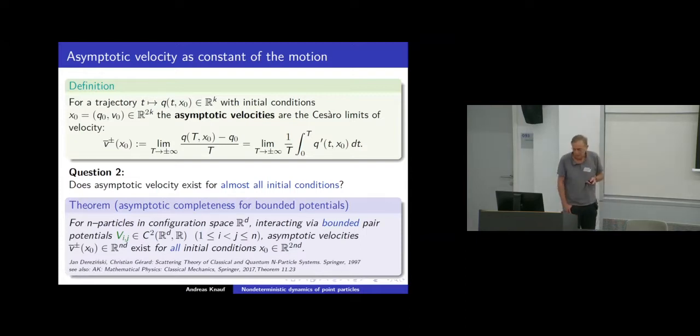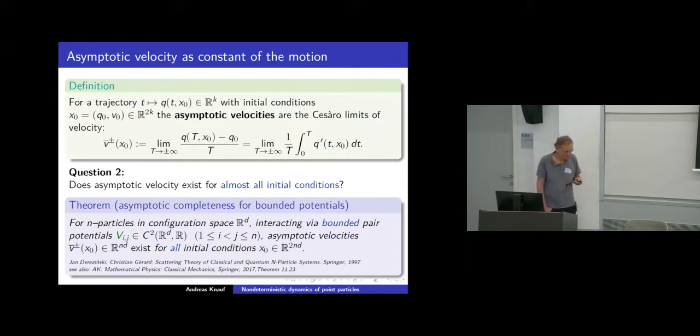Okay, so of course, if you have a non-empty collision set, then for the points in the collision set, you cannot even define this because time doesn't go to infinity. But otherwise, there could be other reasons why this doesn't exist.